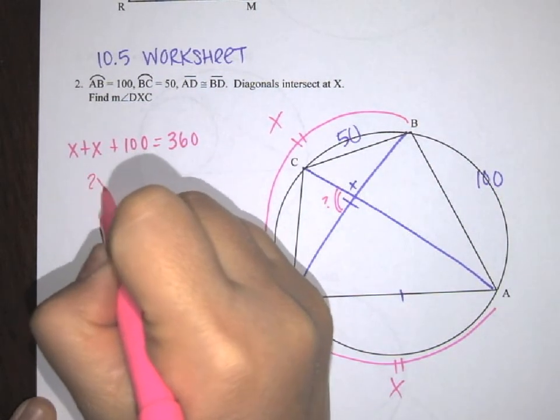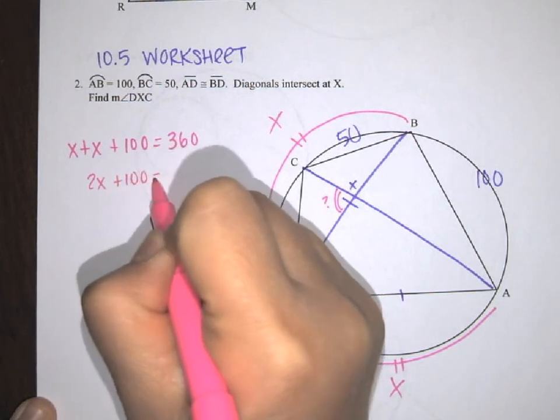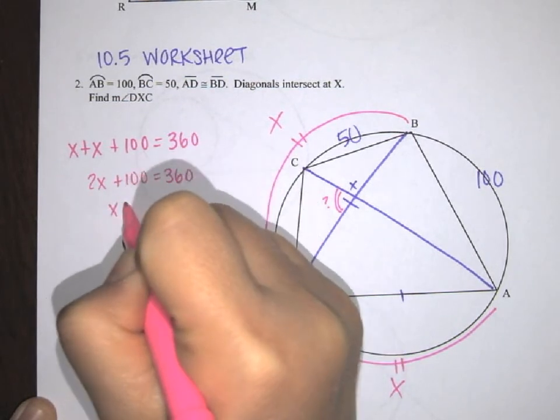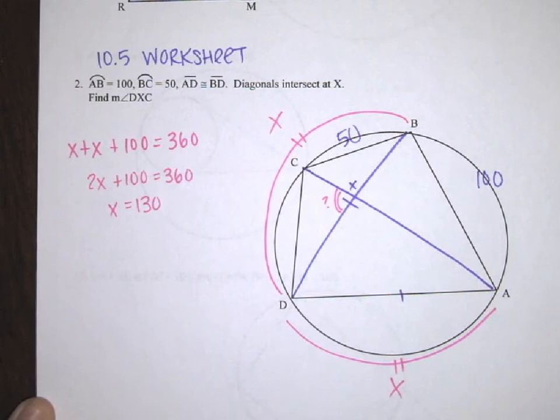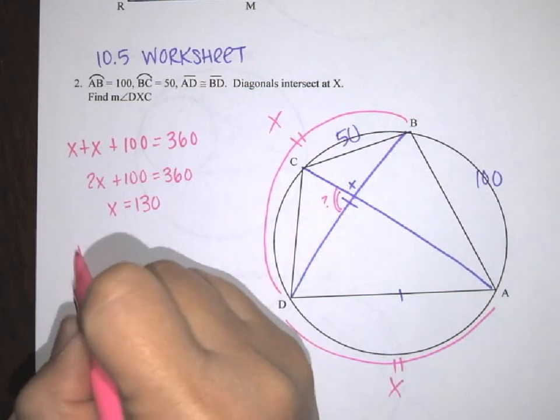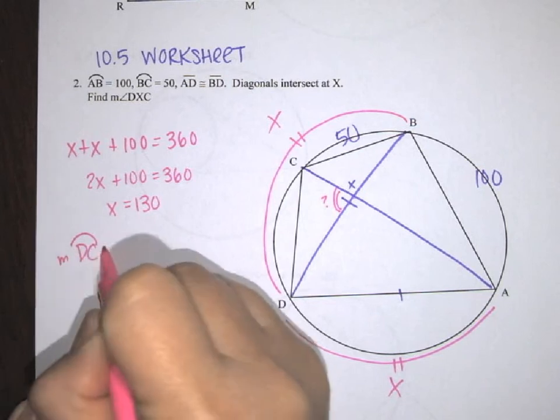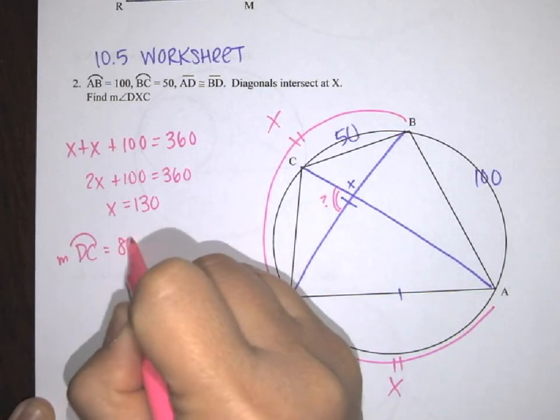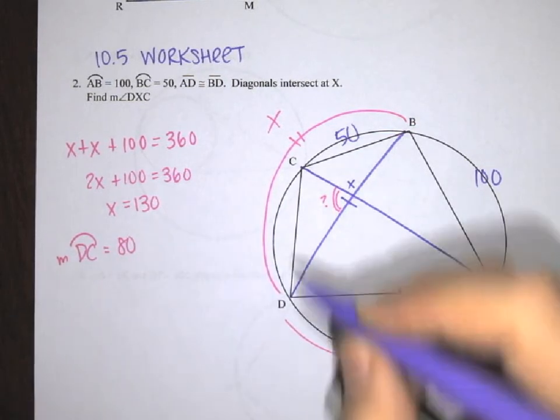So 2x plus 100 equals 360, x equals 130. If x is 130, that means the measure of DC is 80. So this is 80.